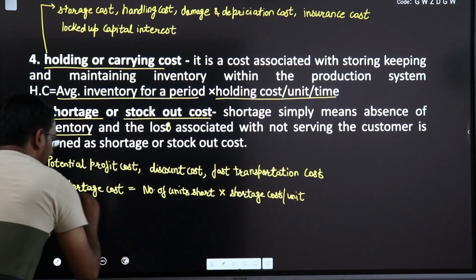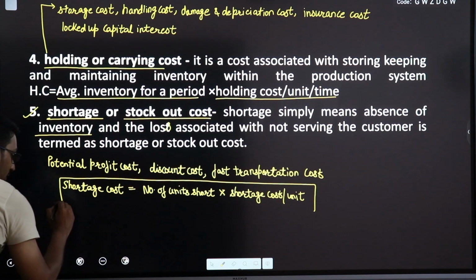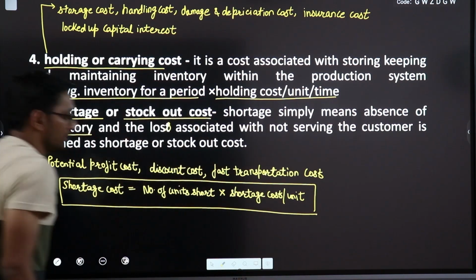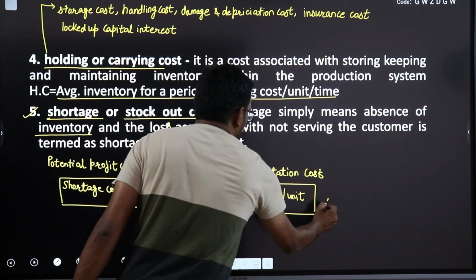So this will be the shortage cost. You have to remember this formula. Shortage cost is number of units short multiplied by shortage cost per unit.